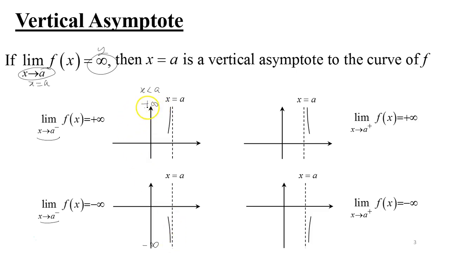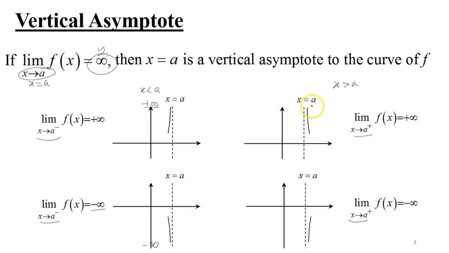So in this case, the limit at a minus is positive infinity. In this case, the limit at a minus is negative infinity. And similarly at a plus, when x is approaching a plus, x would be greater than a, so the curve would be located to the right side of a. Again, you could have two cases.